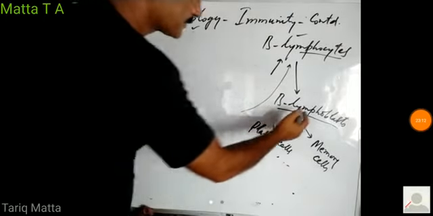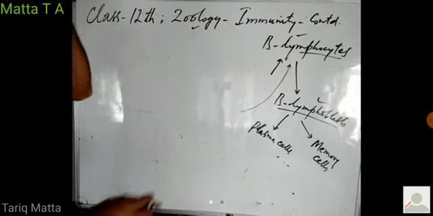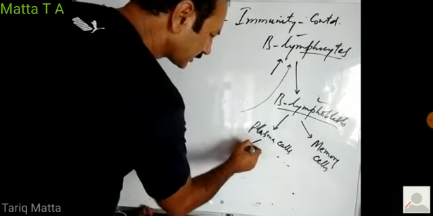So what is the role of these B lymphoblasts? They produce plasma cells and memory cells. These plasma cells give rise to antibodies.